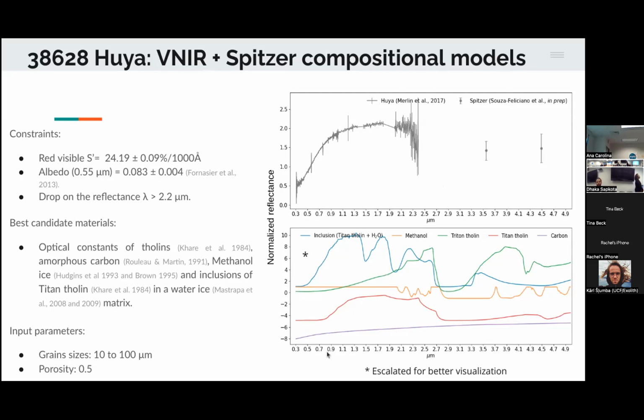Due to its low albedo, I put some dark materials too, such as carbon. Due to the red spectral slope, I put some organics such as tholin and hydrogen cyanide, and some methanol to try to fit this drop here. And the water was included in the inclusions, in a kind of matrix with organics, because we don't have clear signatures here of water.